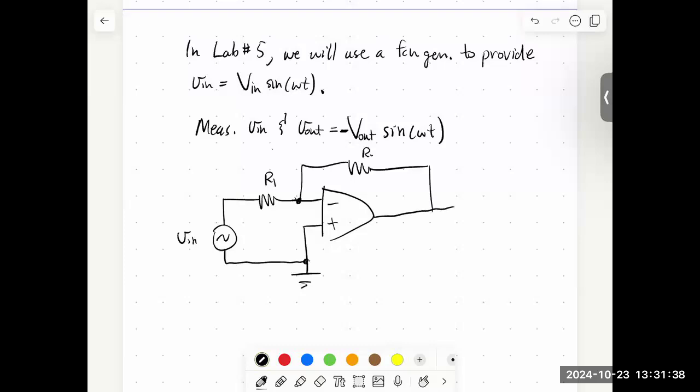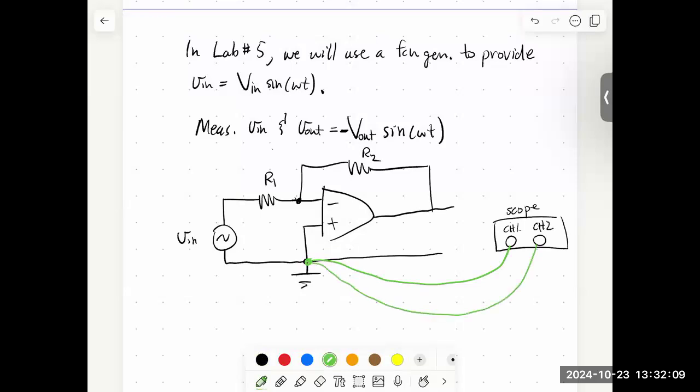And then we'll have R2. And then our output will go over here. So what we'll have is our oscilloscope. And maybe we have channel 1 here. So what are we going to do with channel 1? Well, the grounds all have to be common. So let's just connect the grounds of both channels to the ground of the circuit.